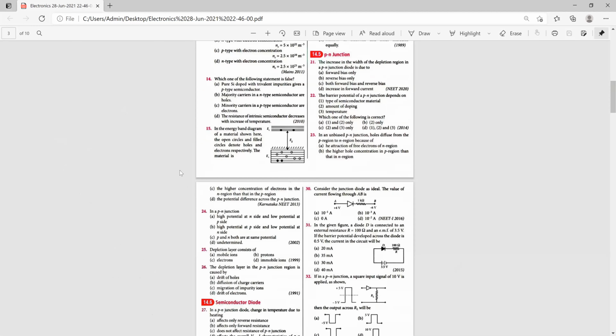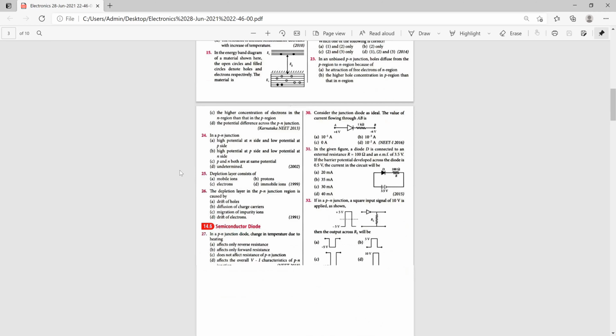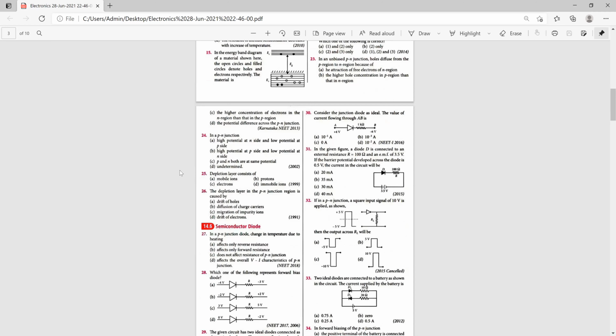23rd, in an unbiased PN junction, holes diffuse from P region to N region because of: first option, attraction of free electrons of N region; second, the higher hole concentration in P region than that in N region; third, higher concentration of electrons in N region than that in P region; fourth, potential difference across the PN junction.